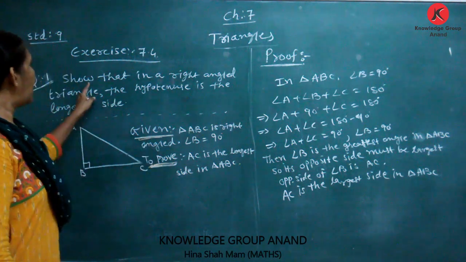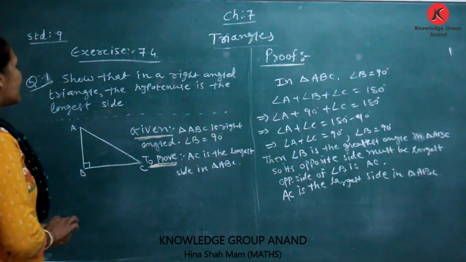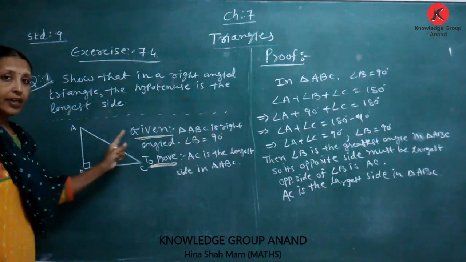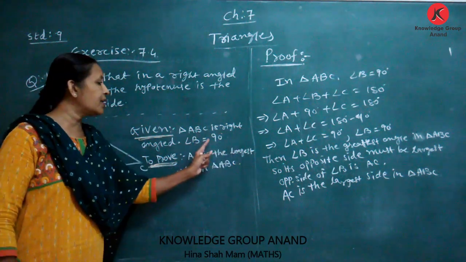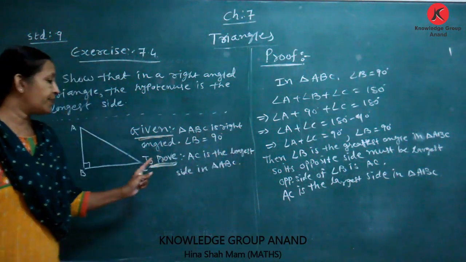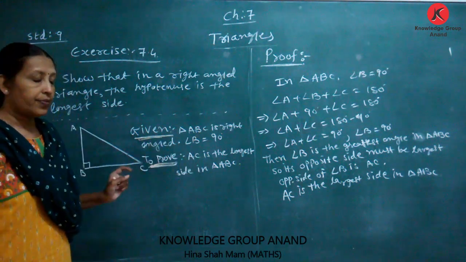Again, show that in a right angle triangle, the hypotenuse is the largest side. Given part: triangle ABC is right angled and angle B is equal to 90. To prove: AC is the largest side. Proof.